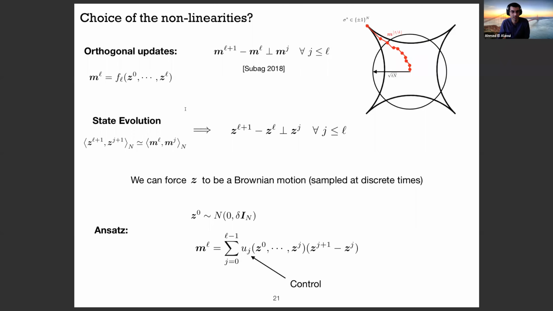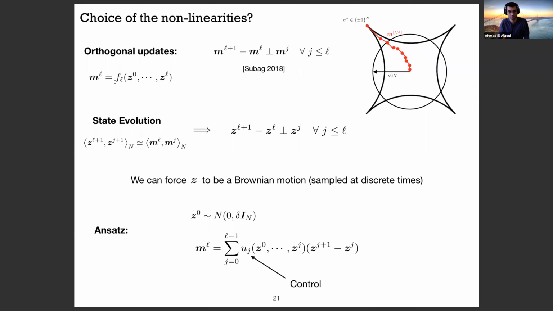Now my ML, since I want to enforce these orthogonality constraints, will be just a sum of increments in the z's. And these increments are multiplied by a term uj that depends only on the first j iterates. So you just have a predictable sequence that depends on the past up to that point, and you're just summing all of these increments. And these u's are now my control, so I have to choose them wisely.